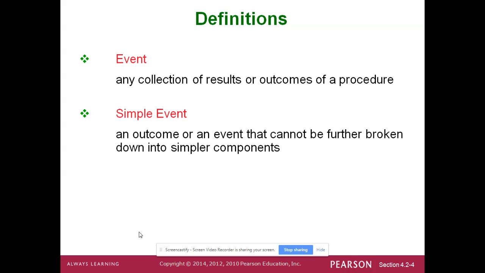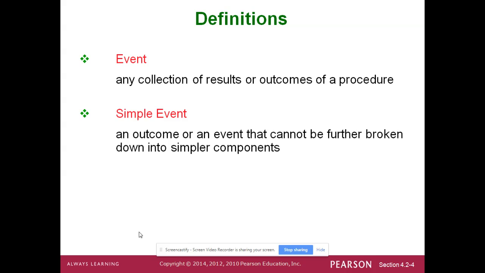Simple event: it can't be broken down into simpler components. Flipping a coin is a simple event. Rolling a die is a simple event. Simple events are what we long for in probability world. Those are what you want because it's much easier to calculate things when things are simple.